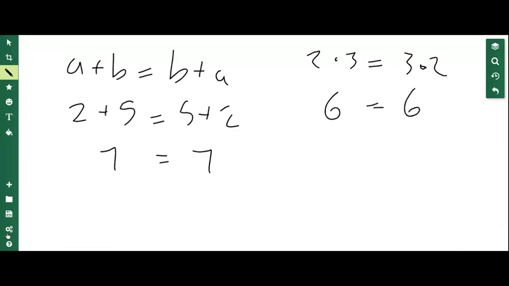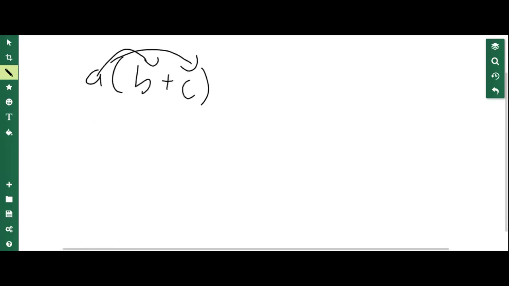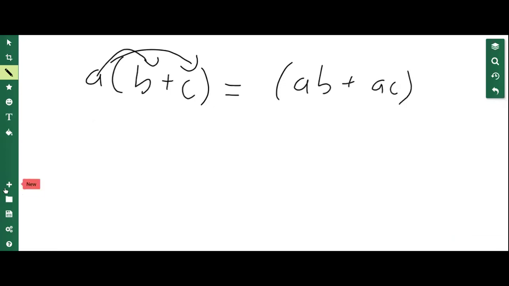The main one that you will probably always have to remember is distribution, that's a (b plus c). Kind of distribute inside. And we'll see that when we deal with terms or expressions. That basically becomes ab plus ac. But in the meantime, just have that in the back of your mind.